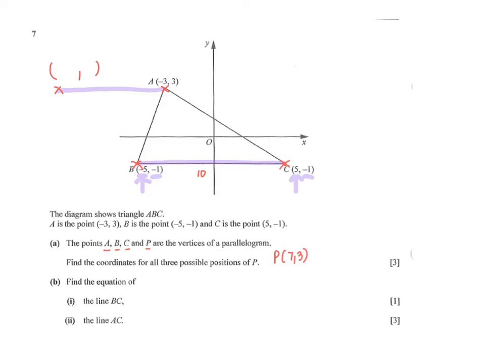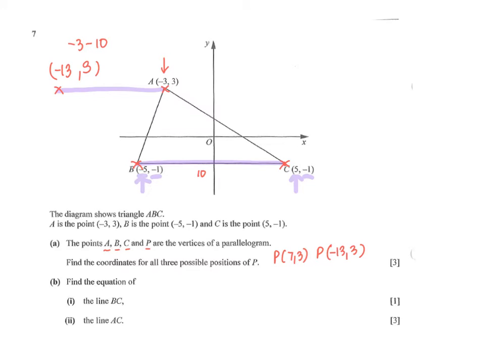The Y coordinate will still be the number 3, but the X coordinate now shifts to the left. That means it will be -3 minus another 10 units. That will give me -13. So then my second position for point P can be -13, 3. Now that's for these two options.